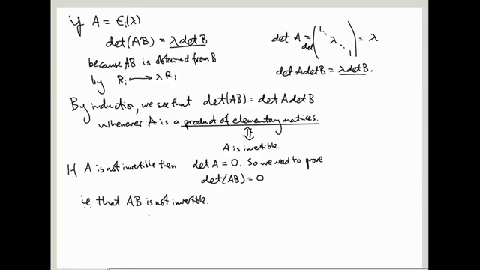But suppose AB were invertible. Then you could write down its inverse, and you could form the product B(AB)^-1.